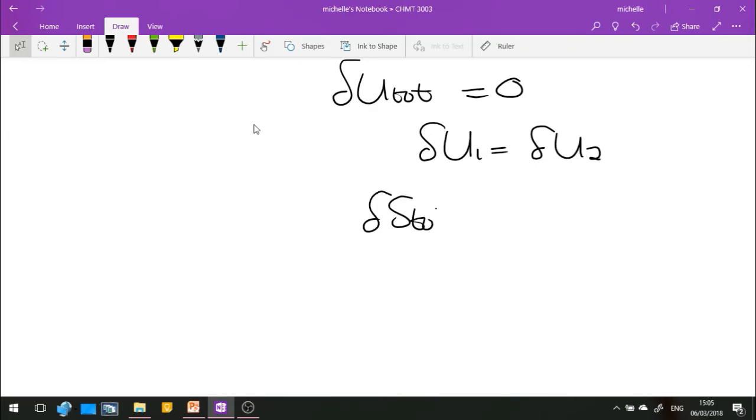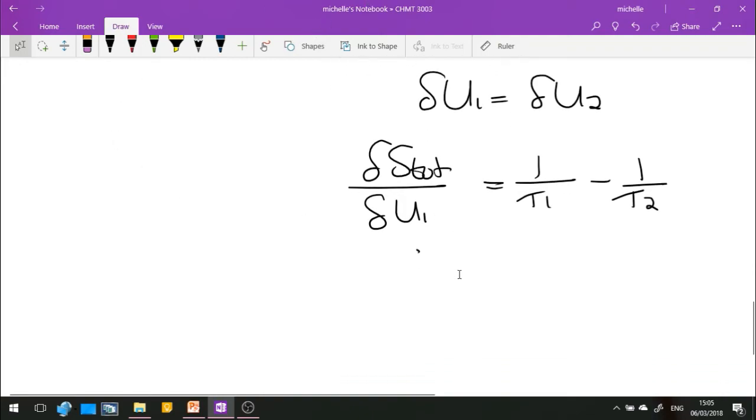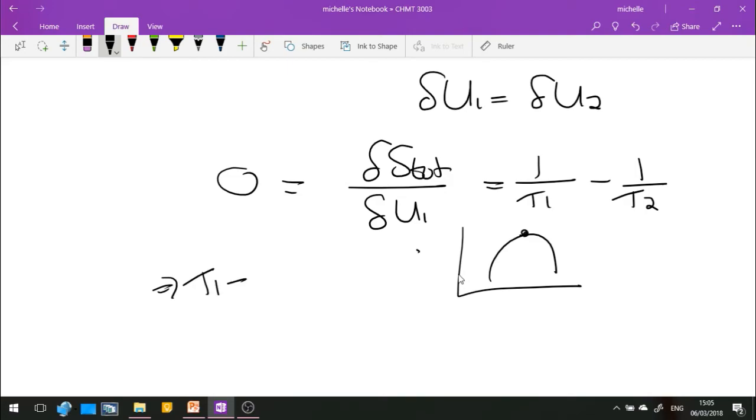dS total by dU1 is 1 over T1 minus 1 over T2. And then because of postulate 4, entropy is at its maximum. So at its maximum you get this to be 0, which implies T1 equals T2 at equilibrium, because entropy is at its maximum at equilibrium.